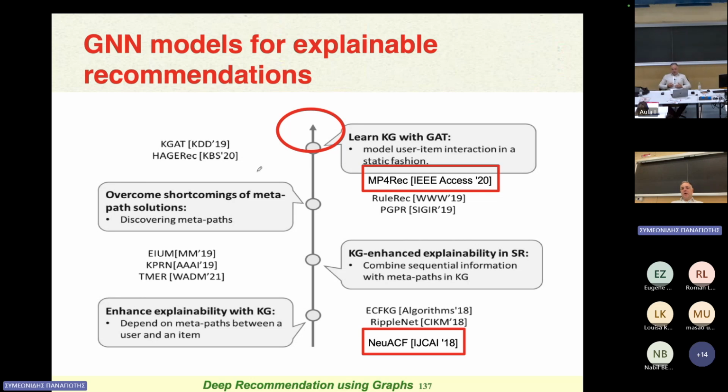Instead of considering all the paths, all different links, an expert, a medical doctor, may just be focused on specific types of paths that carry semantic information more important for him, let's say. We will see two methods, like MP4EC and NoACF.